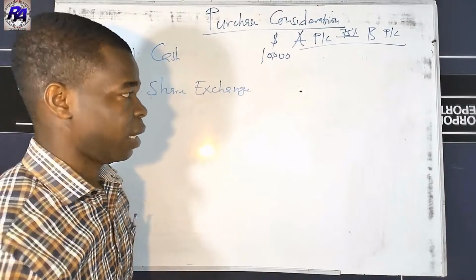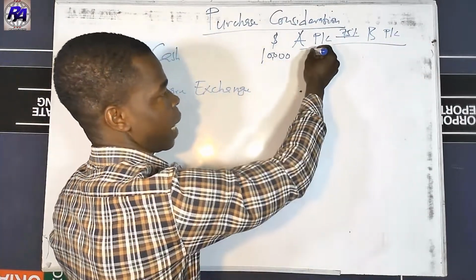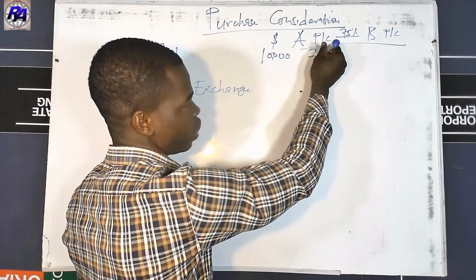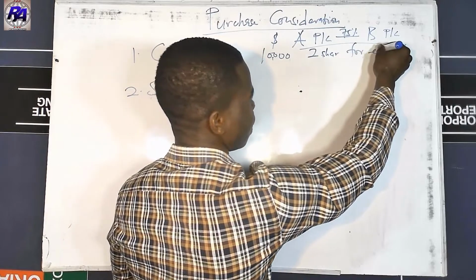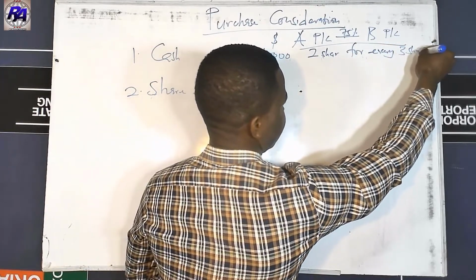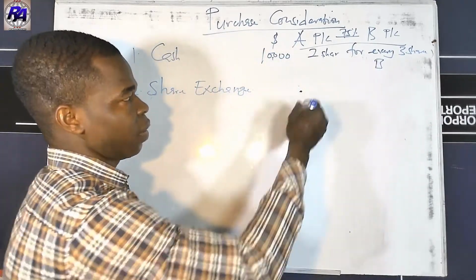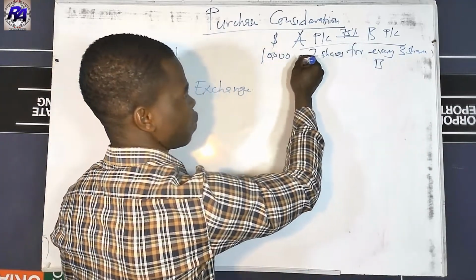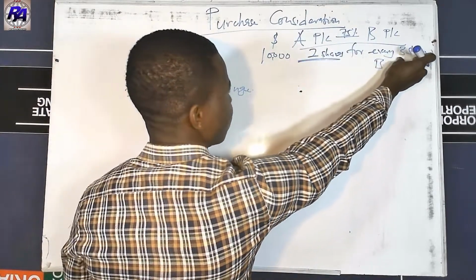So here we are saying that, assuming A PLC is acquiring B PLC by issuing 2 shares for every 3 shares in B. What it means is that they are going to issue 2 shares from the investor, and this is going to be equivalent to 3 shares in B PLC.